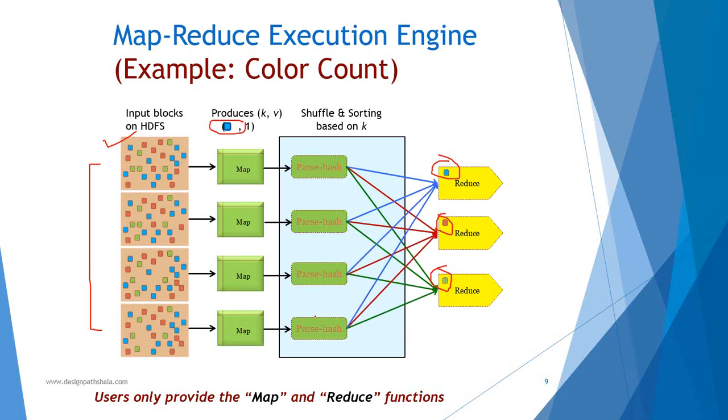Whichever mapper it is, the reducer will receive the keys which it is processing. With the magic of the in-between sort and shuffle phase, the key and the array of values reach the reducer. On the reduce side, I'll sum up these values and produce the output as color, 100, the count of that color produced by the reducer.